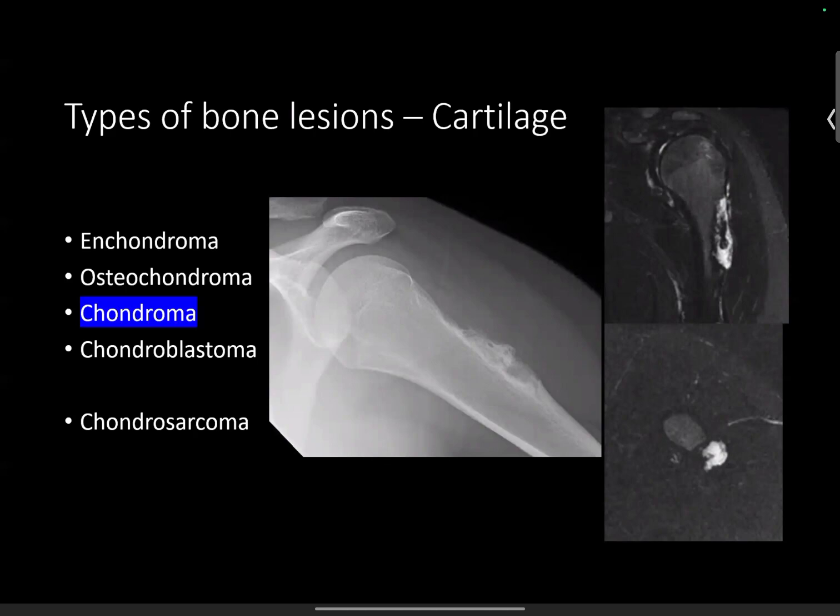If you have a newborn, a neonate, the transphyseal arteries are still present, and that's the theory of why infants can get osteomyelitis more so in the epiphysis, because the infection goes to the metaphysis and spreads through the transphyseal arteries across the growth plate into the epiphysis. As you get older, those transphyseal vessels recede, and that's why you usually have infection more in the metaphysis.